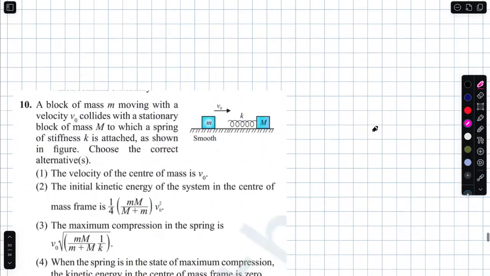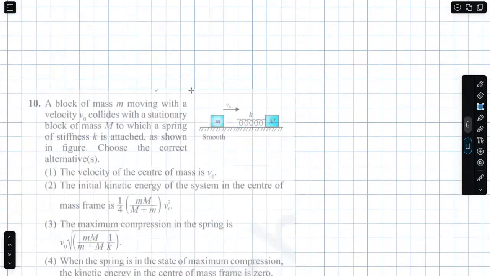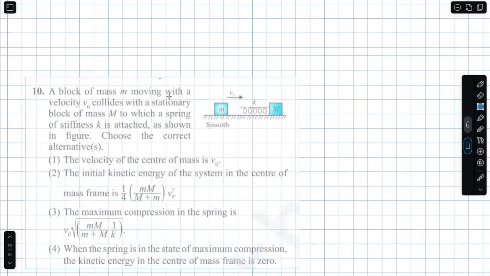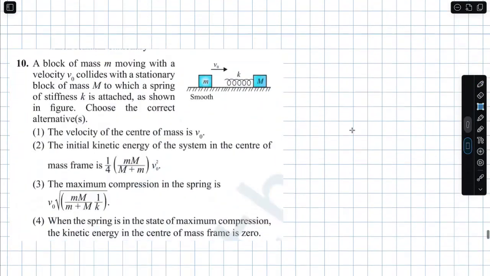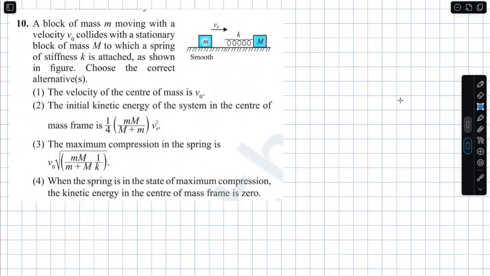Next question. Already we have done this question, but still. A block of mass M moving with a velocity V0 collides with a stationary block of mass M to which a spring of stiffness constant K is attached as shown in the figure. Choose the correct alternatives.